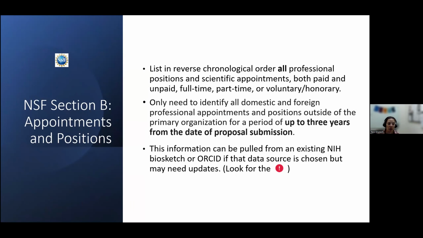And you only need to identify positions, all domestic and foreign professional appointments outside the primary organization for up to 3 years prior to the date of proposal if you're short on space. And similar to previous sections, other sections for the NSF, this might be imported from an outside source such as ORCID if you use an outside source when creating your biosketch.